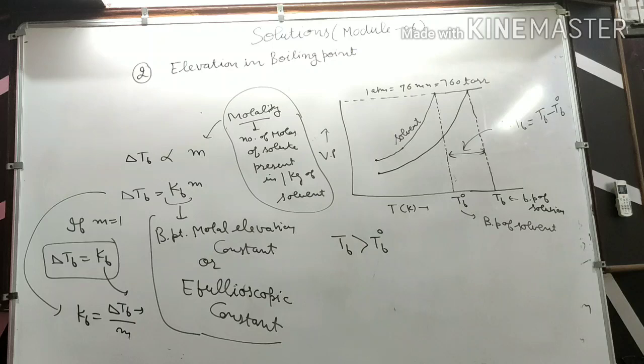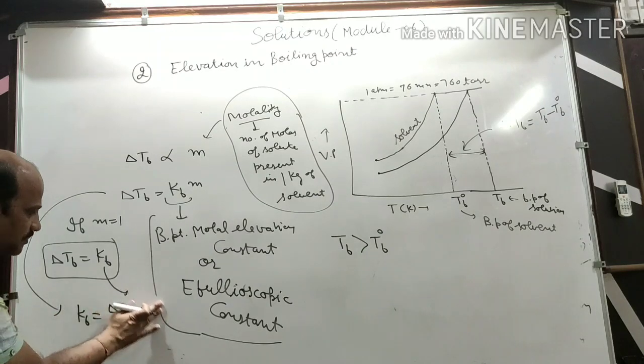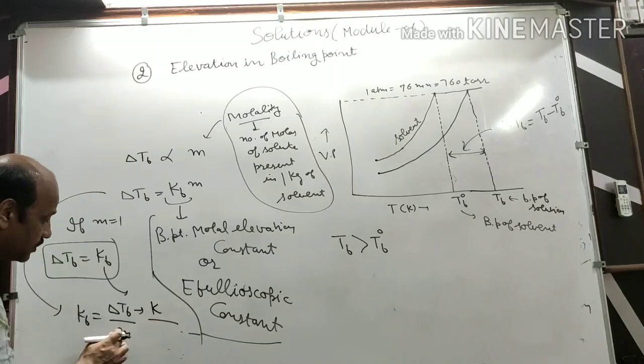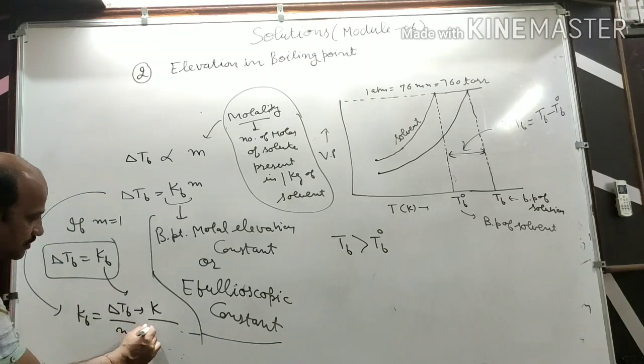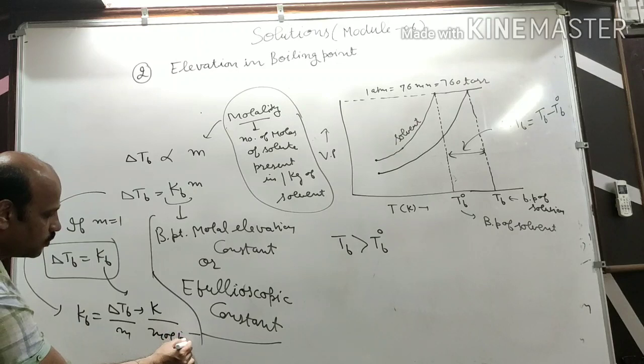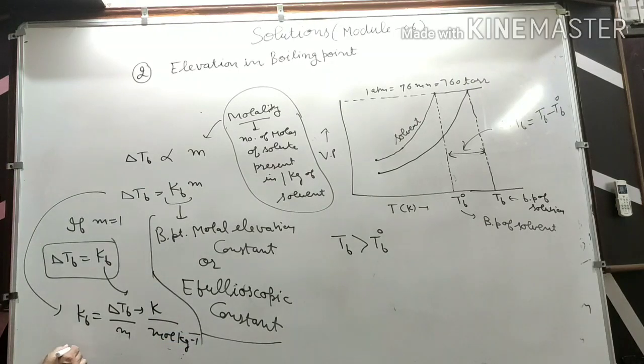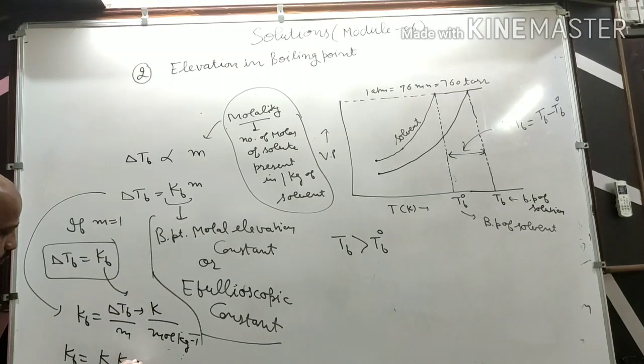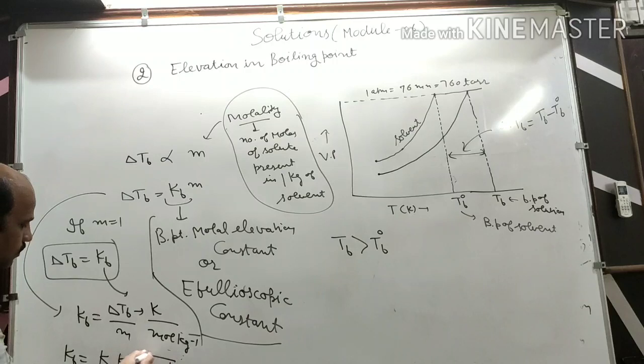SI unit of delta TB, this is temperature, simply you take Kelvin. And what is the unit of molality? Mole per kg. And also we can write KB is equal to, that is Kelvin, this will be kg per mole. This is the unit of KB.